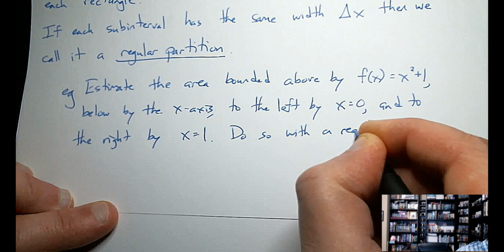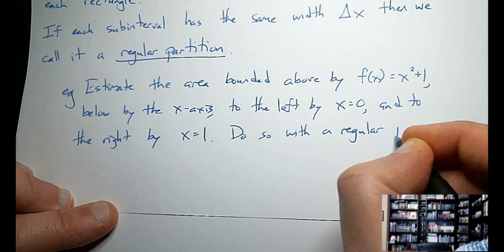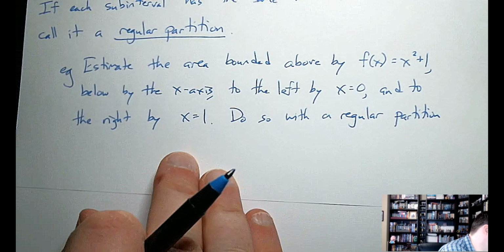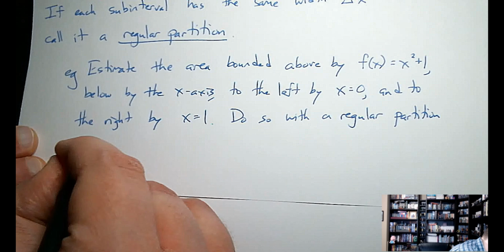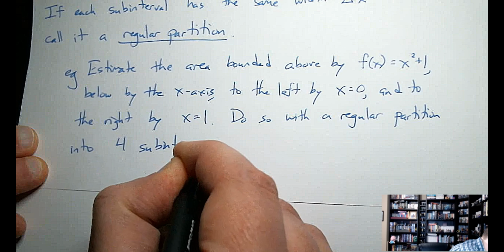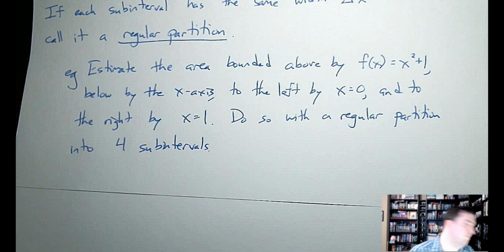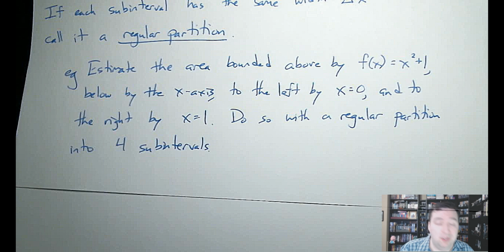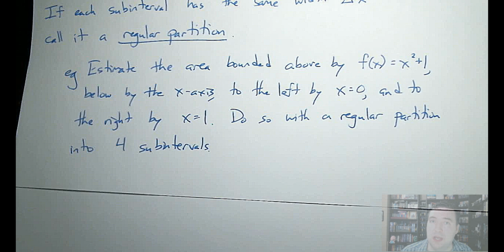Let's do it with a regular partition into 4 subintervals. And let's see what that gets us. Maybe it'll answer some questions. Maybe it'll raise some new questions. Either way, let's pick this up in the next video.